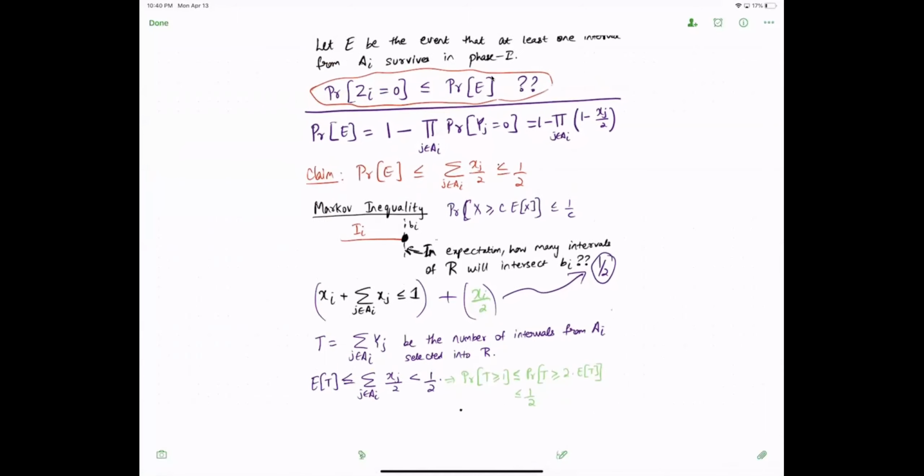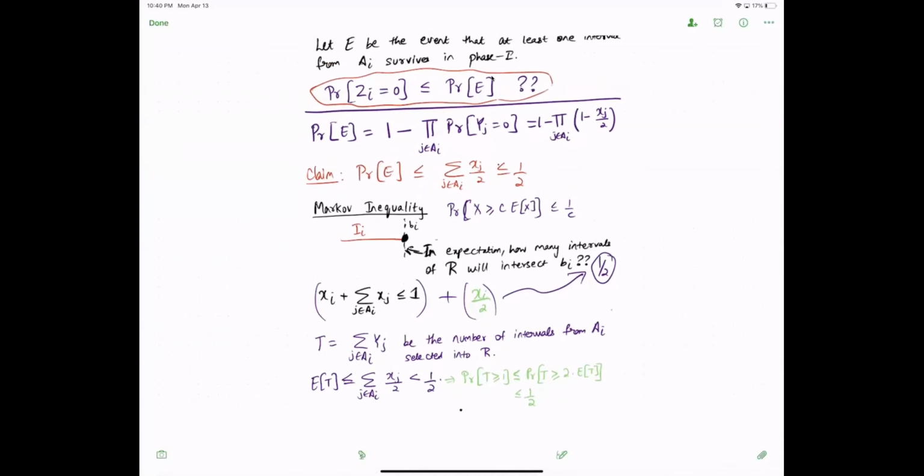Actually, if you see this, E and T are essentially the same. I unnecessarily gave more notation, but E and T were essentially the same.